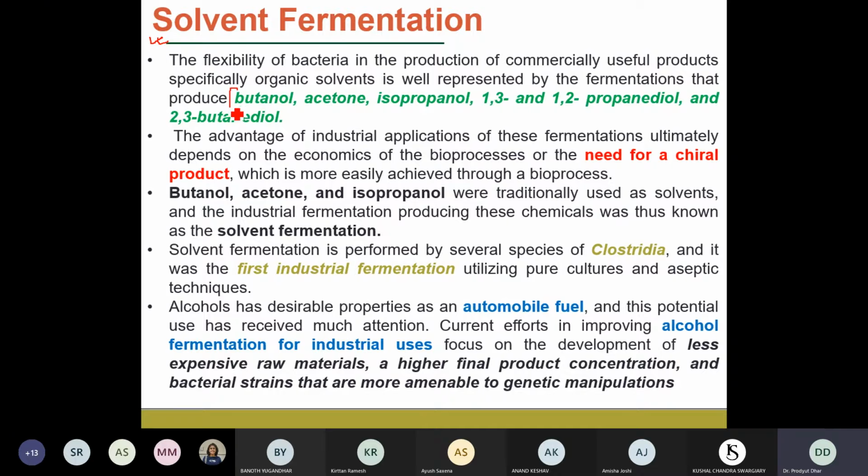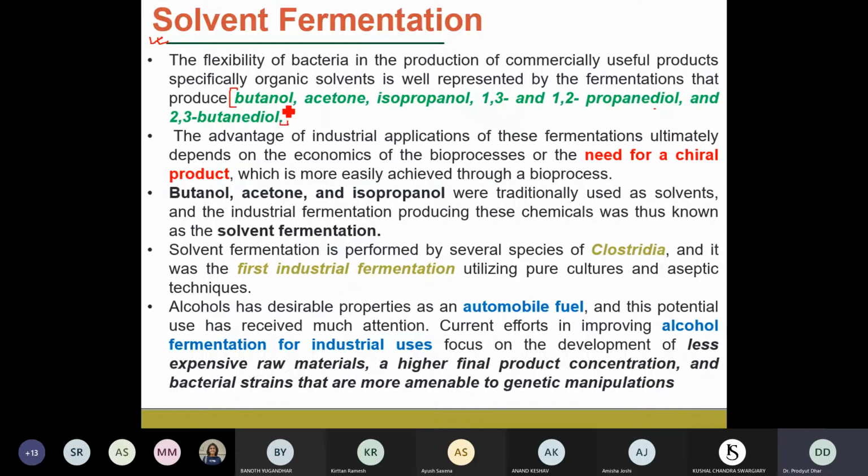Some of the organic solvents used in industries that can be produced by microorganisms are butanol, acetone, isopropanol, 1,3-propanediol, 1,2-propanediol, and 2,3-butanediol.